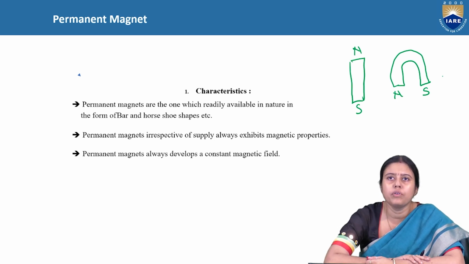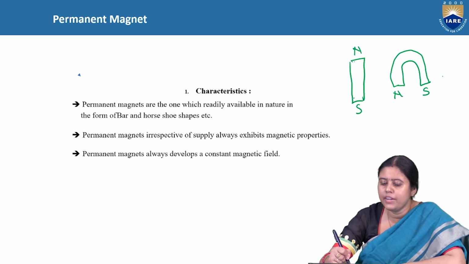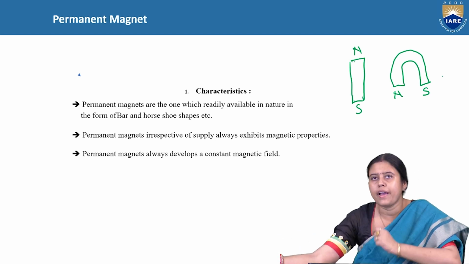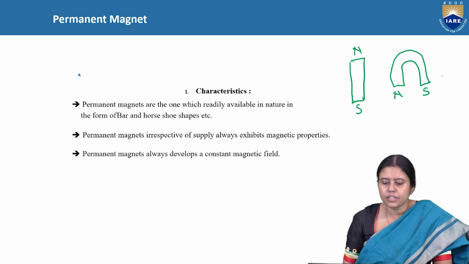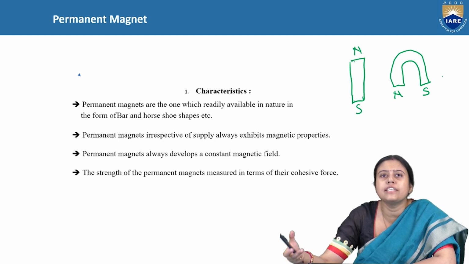A permanent magnet always develops a constant magnetic field. As the field strength is constant, it will always show a permanent magnetic field. The strength of the permanent magnet is measured in its cohesive force. Cohesive means how much attractive or repulsive force is there.